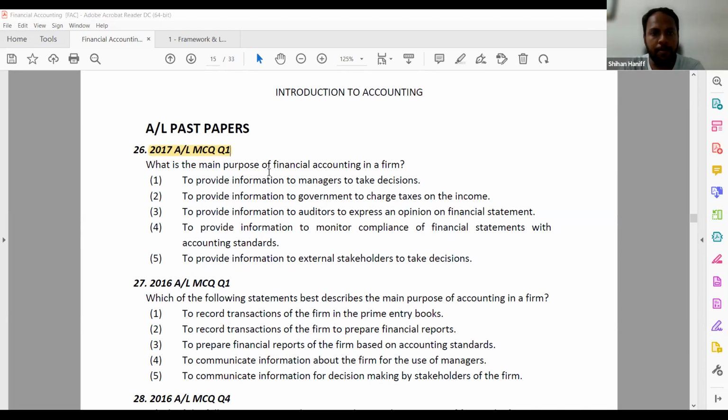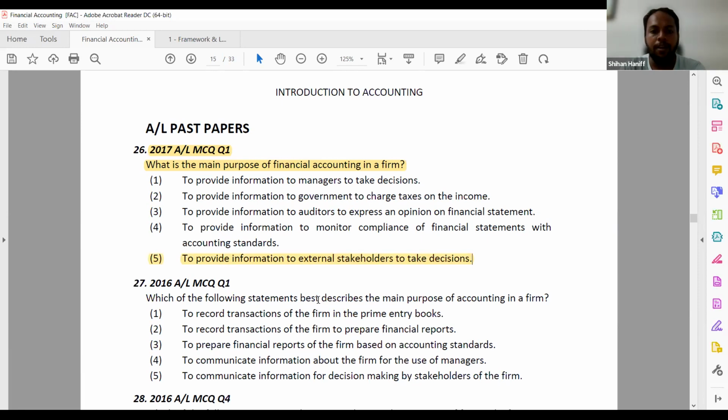What is the main purpose of financial accounting in a firm? To provide information to managers, to provide the government, auditors. So it's very simple. Everyone can give the correct answer: to provide information to external stakeholders.